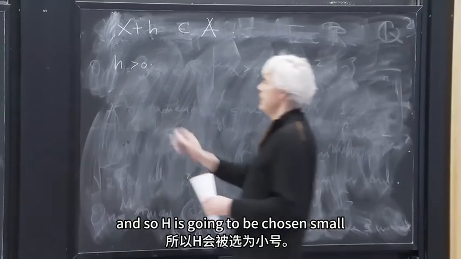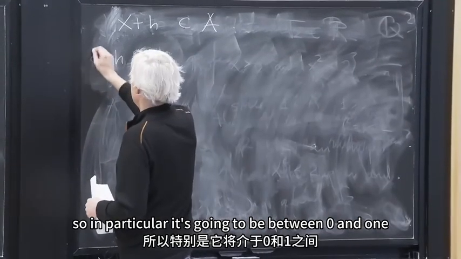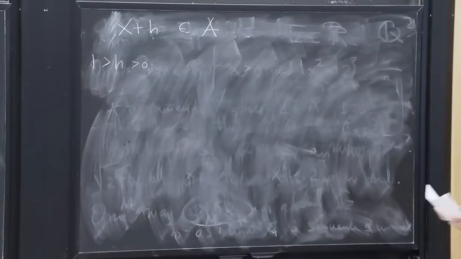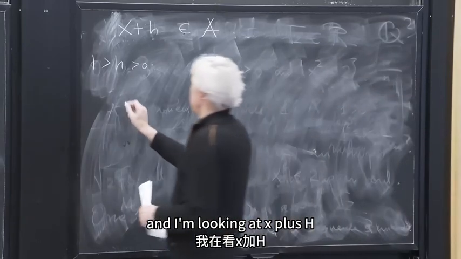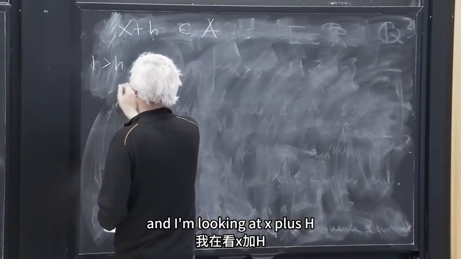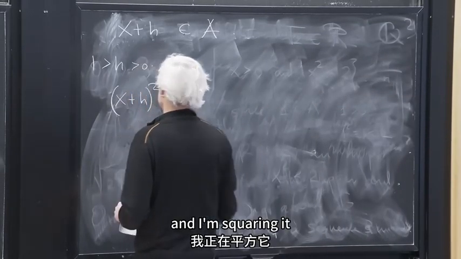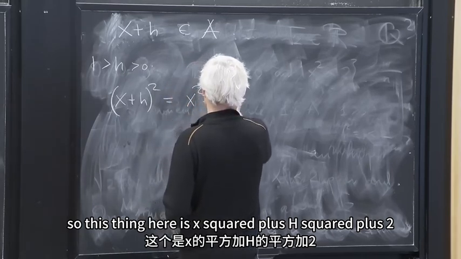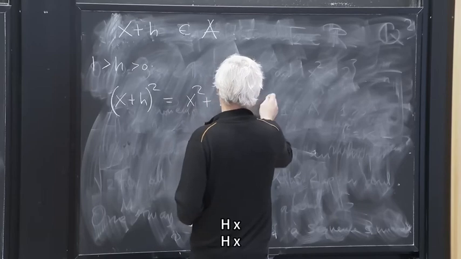And so h is going to be chosen small, so in particular it's going to be between 0 and 1. Okay. And I'm looking at x plus h, and I'm squaring it. So this thing here is x squared plus h squared plus 2hx.